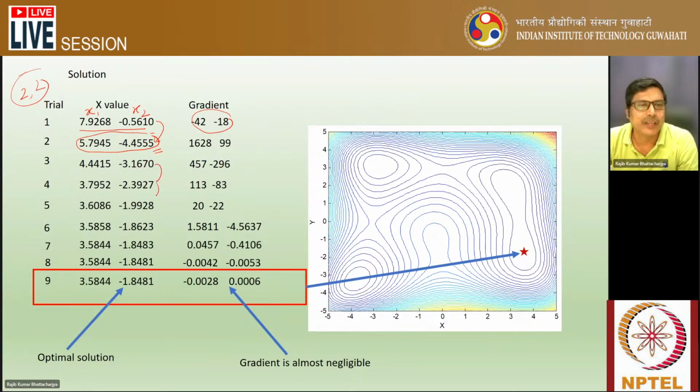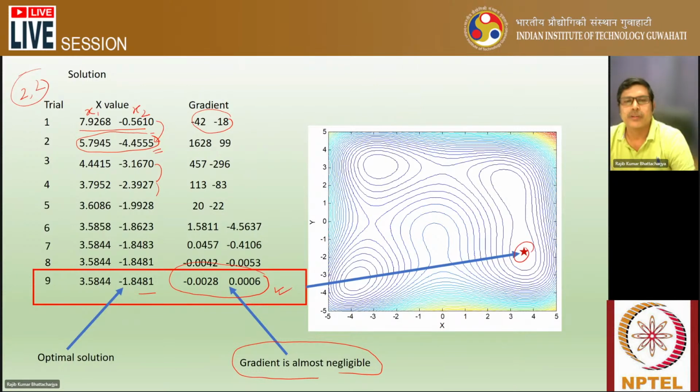After some iterations I finally get this solution. Just see that these gradients are calculated at the original function, and the gradient is almost negligible. Therefore you can say that you got the solution, and you can stop your iteration.